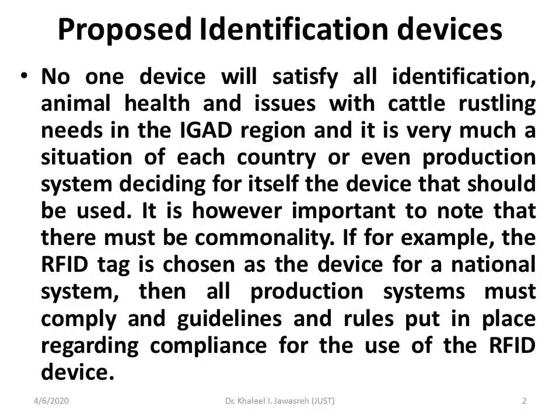For example, if you are looking for animal health and issues with cattle needed in the IGAD region, it's very much a situation of each country or even production system deciding for itself the devices that could be used. So we are talking about the country situation, the distribution of those animals.